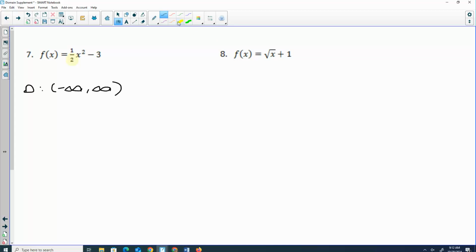I have a square root. So that means the thing under my square root, which in this case is just an x, has to be greater than or equal to 0. So I don't really have anything to solve here. This is just saying it's 0 and bigger. I get to ignore the plus 1 because it's not under the radical. So my domain is just bracket 0 to infinity.